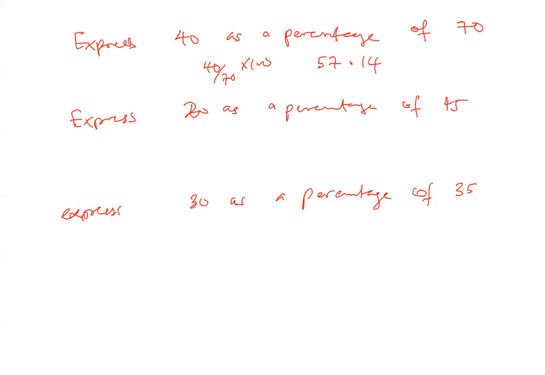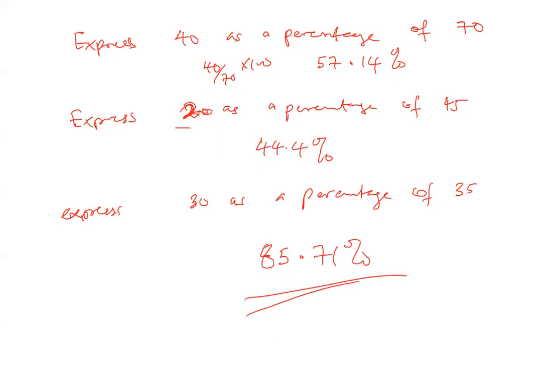What about this one? 20 divided by 45 times 100 gives you 44.4. This one is 30 divided by 35 times 100. That's going to be 85.71%.